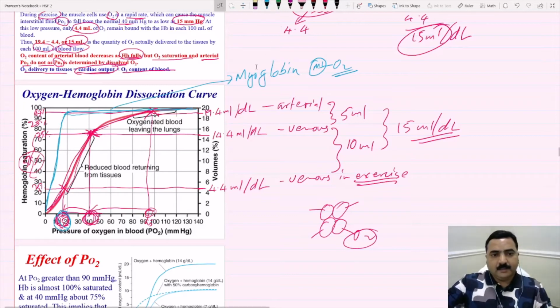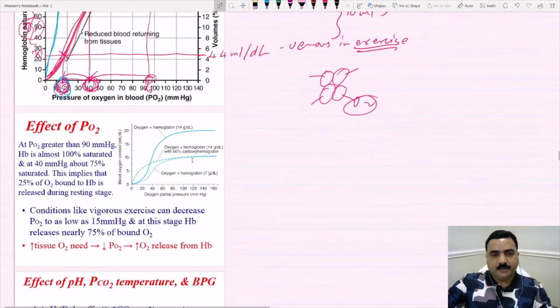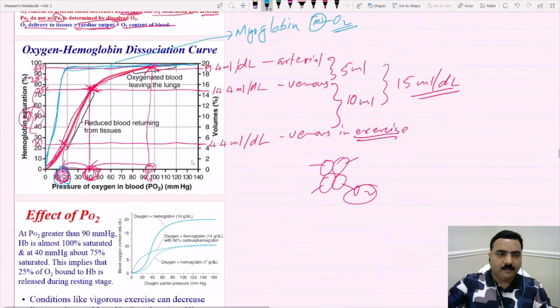Let's see the other scenarios in which the oxygen hemoglobin curve can change. As we discussed, in anemia the hemoglobin saturation percentage does not change. This remains the same, but that is not the case with the volume percentage. The volume percentage will fall.